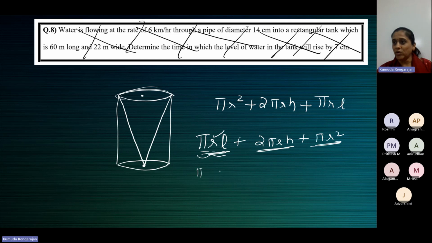What is pi R square? R into R, but this is R into L, and you know that the value of L is more than the value of R. So pi RL will have a greater value. So when you remove the cone, area is increased.